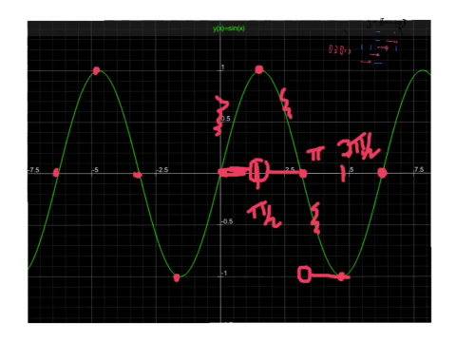So between 0 and pi, my graph is essentially 0, except at pi over 2 where it jumps up to 1. Now on this part, again, look what happens. On the other side here, we're in the same situation. So all the way up until we get to 3 pi over 2, where we have to put another open circle, our graph is minus 1.